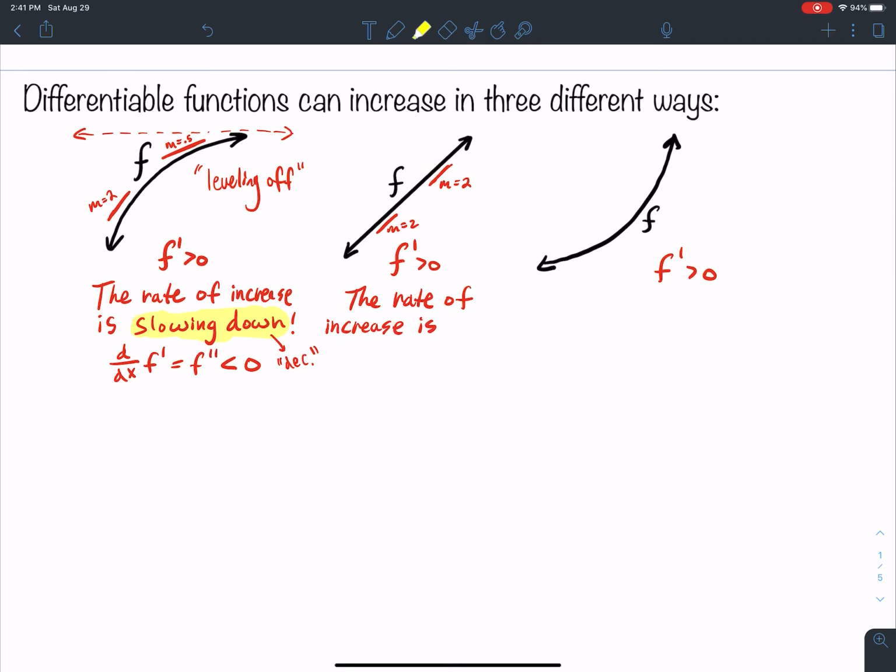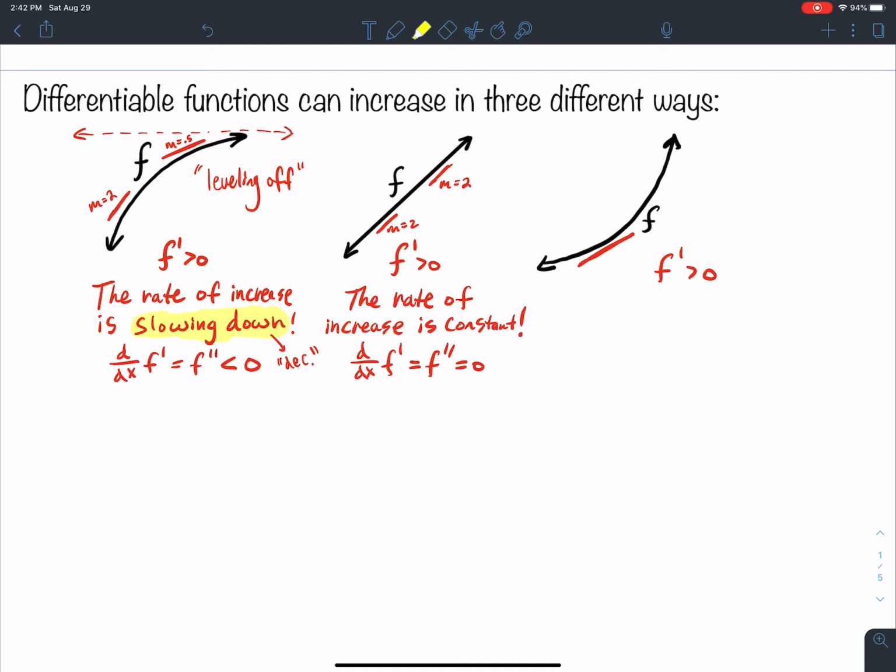So the rate of increase is constant. It's always going to be a rate of increase of 2. Okay, slopes of lines we could find when we were in high school, 8th grade maybe. So if the derivative is always constantly 2, what's the derivative of a constant? That's equal to 0, okay?